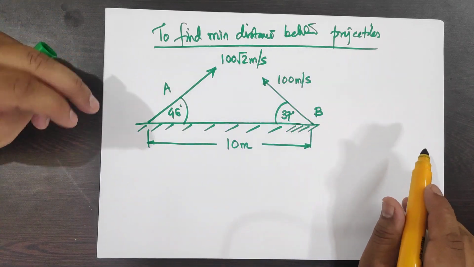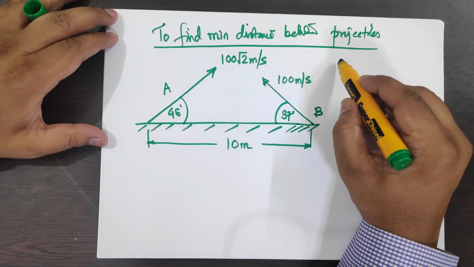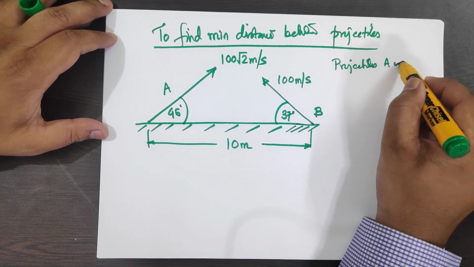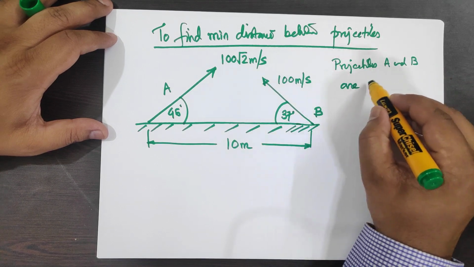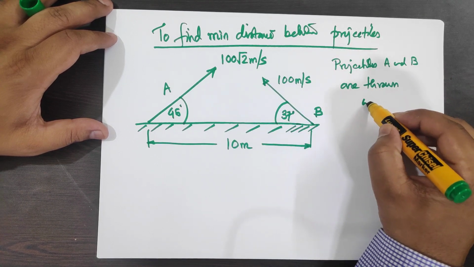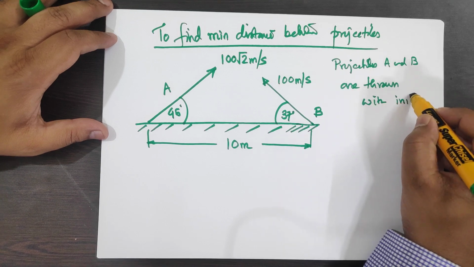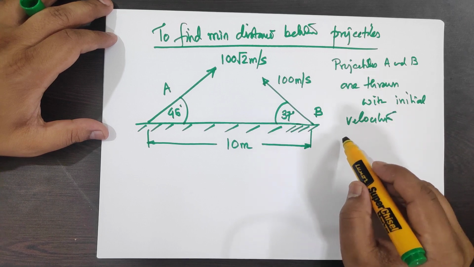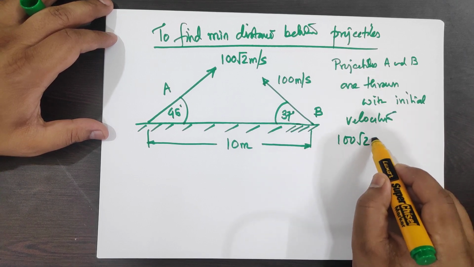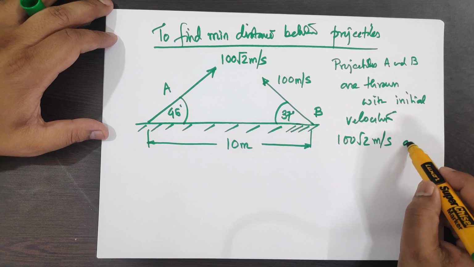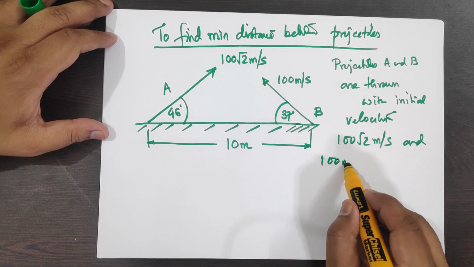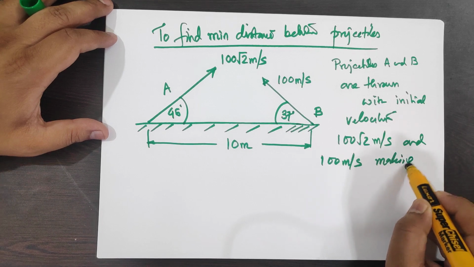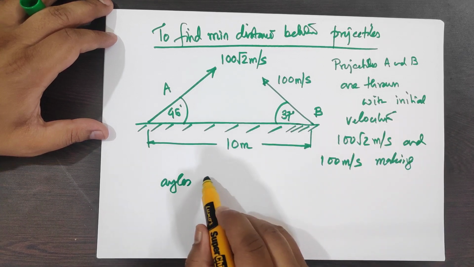So to find minimum distance between projectiles, projectiles A and B are thrown with the initial velocities 100 root 2 meter per second and 100 meter per second, making the angles shown in the diagram.